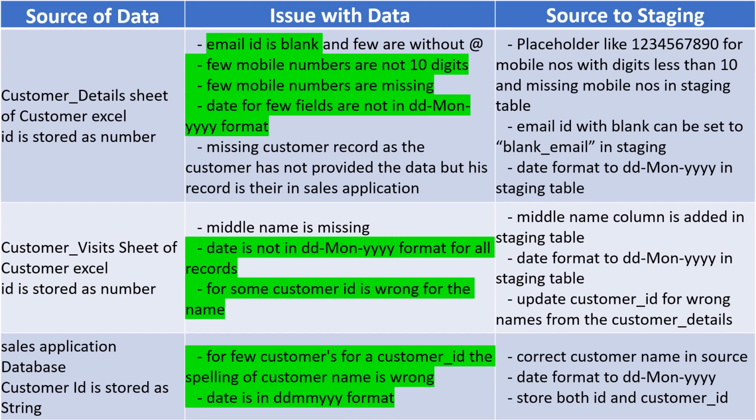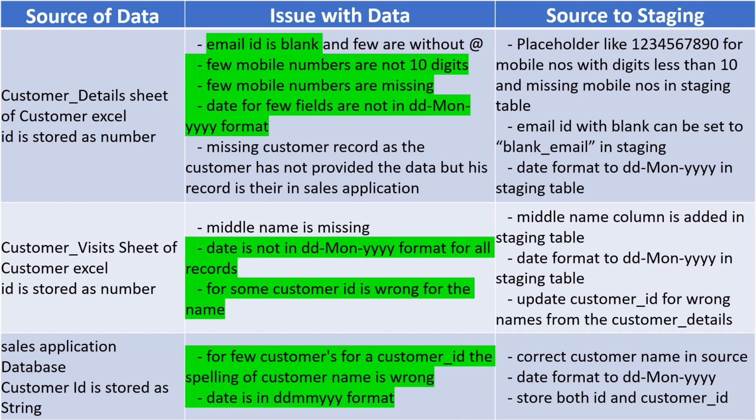Now we look at a placeholder like 1234567890. I have taken 1234567890 for mobile numbers with fewer than 10 digits. Your development team can think of having something else. This also applies to missing mobile numbers in the staging table.